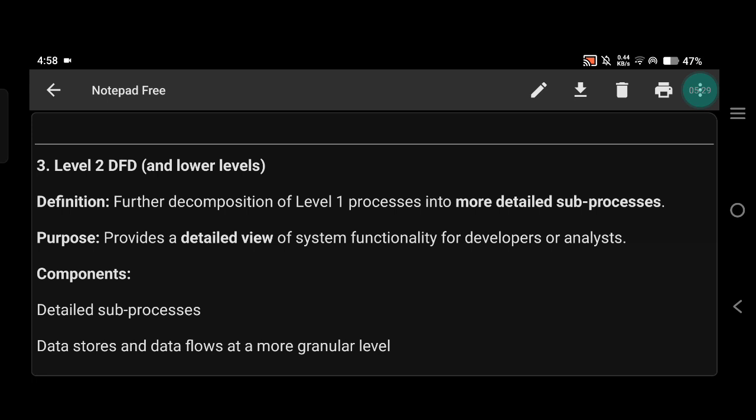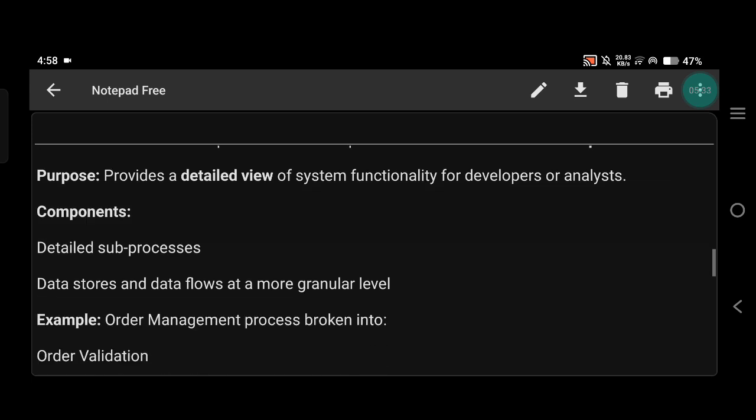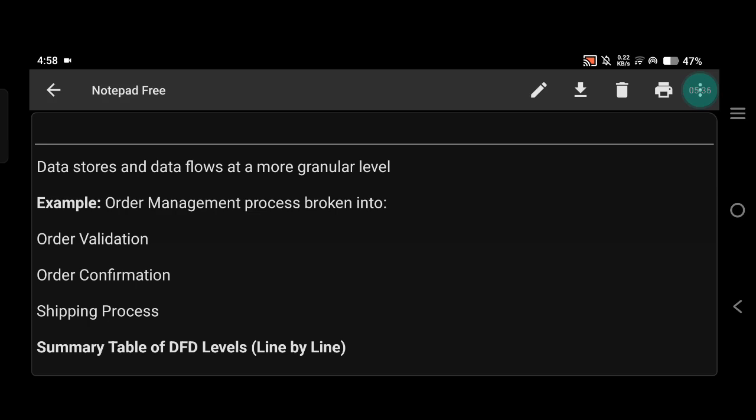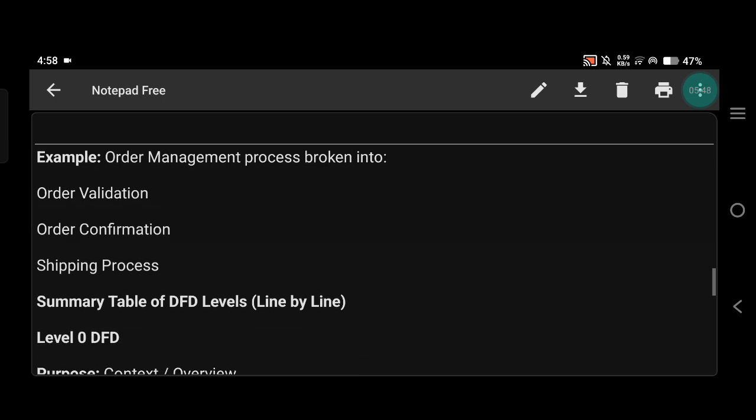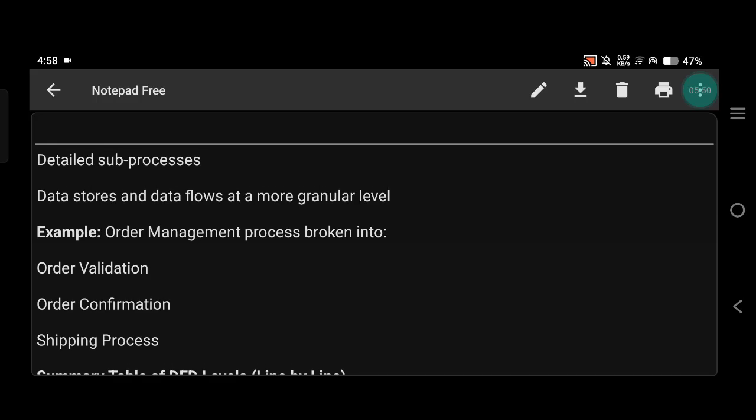What it shows: the detailed flow of data inside the system. An example: the order management function can be divided into order validation, checking the order, order confirmation, confirming the order with the customer, then shipping process, sending the product to the customer.